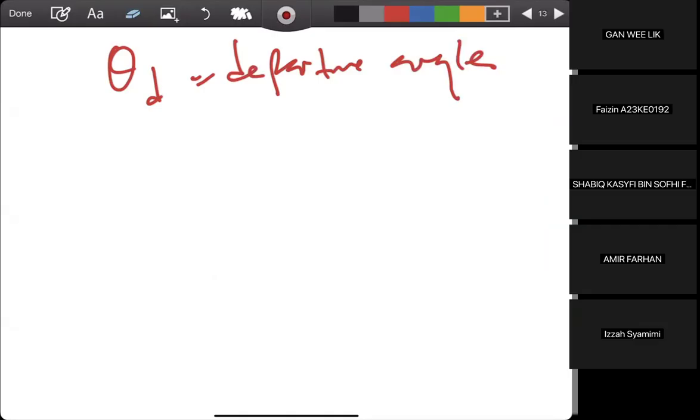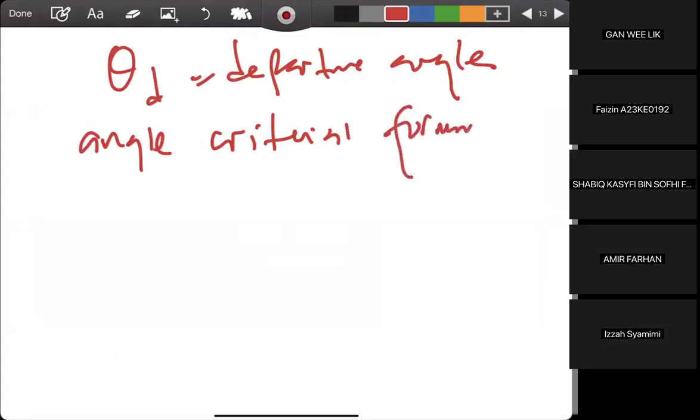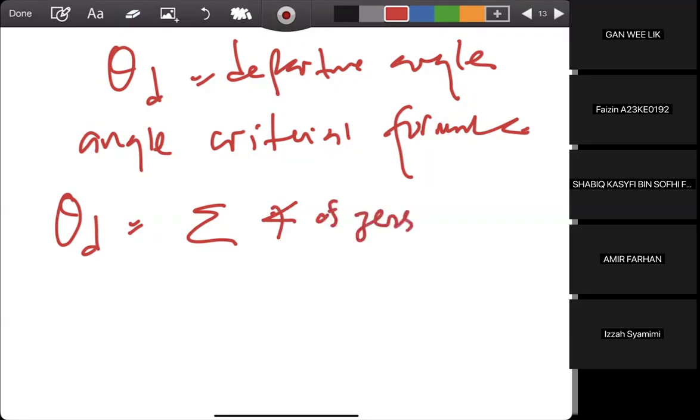Okay, angle criteria, which is theta departure equal to summation of angles of zeros minus summation of angles of poles.